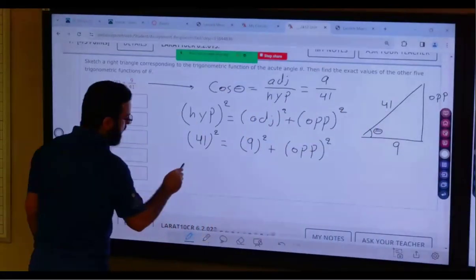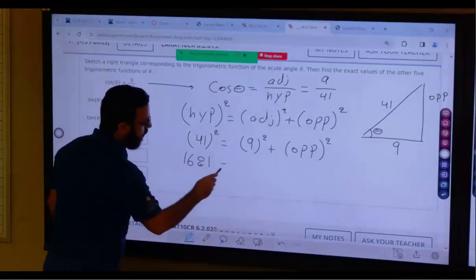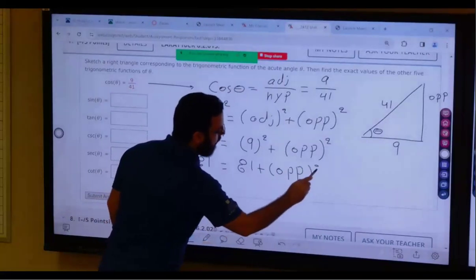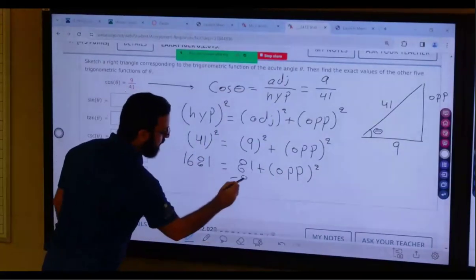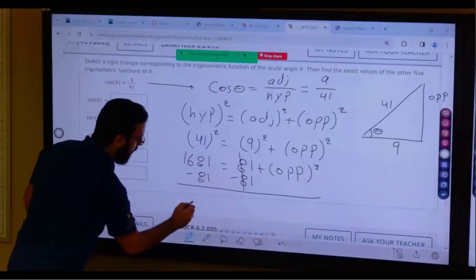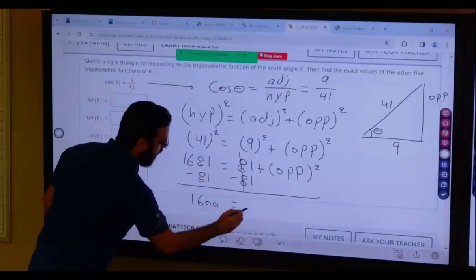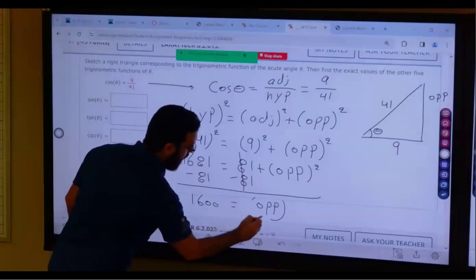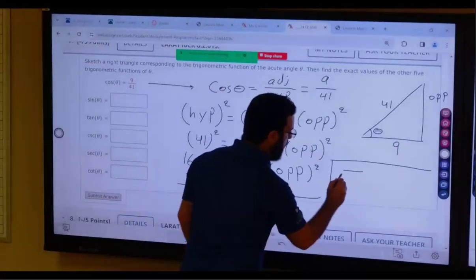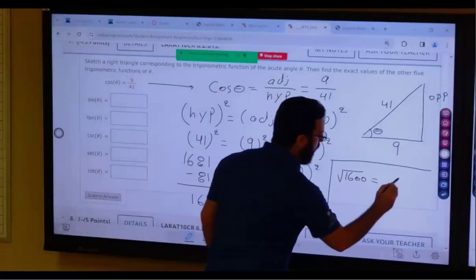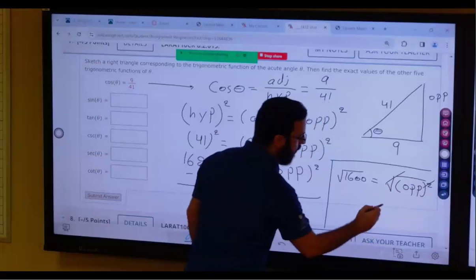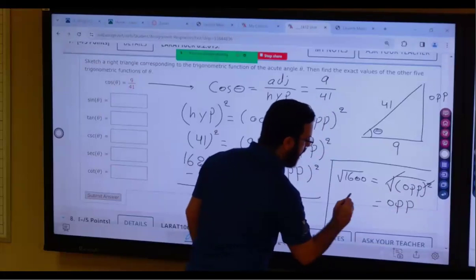So now this one is 1681 equals 81 plus opposite squared. Minus 81 from both sides, it will be 1600 equals opposite squared. Then take the square root of both sides. The square root of 1600 equals the square root of the opposite squared. So how much is the opposite?